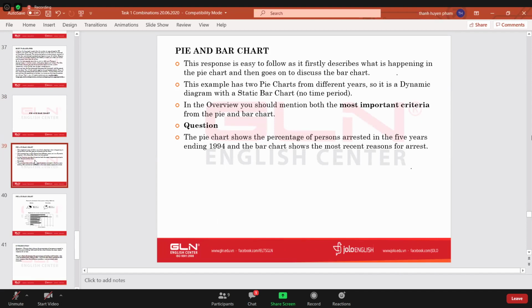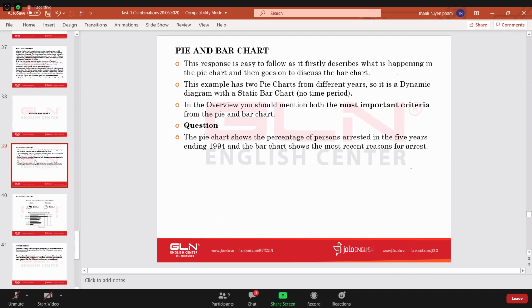This example has two pie charts from different years, so it is a dynamic diagram with a static bar chart. So to have two pie charts with different years happens less frequently than just having two pie charts.